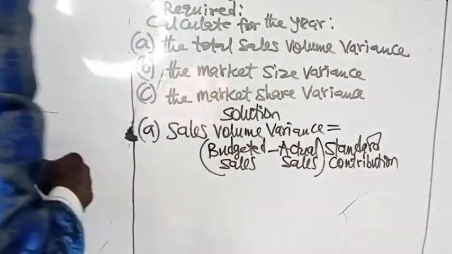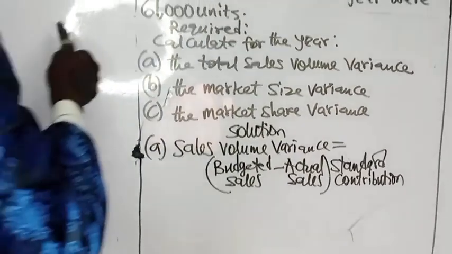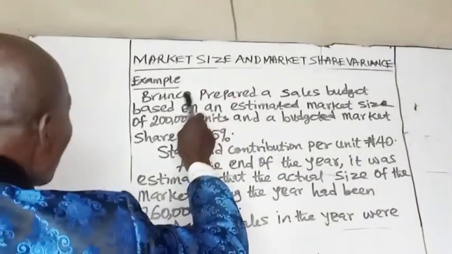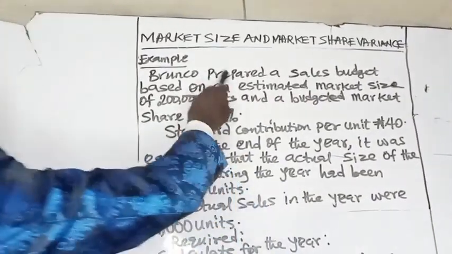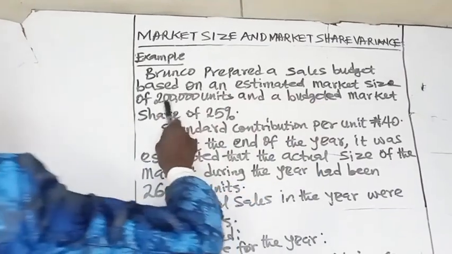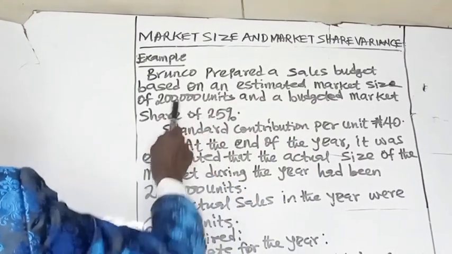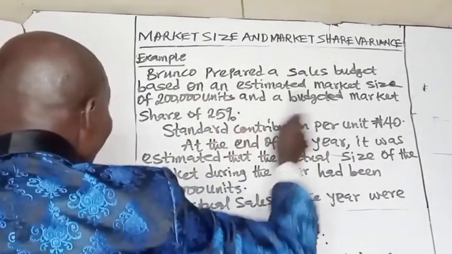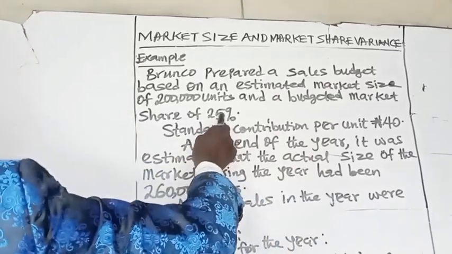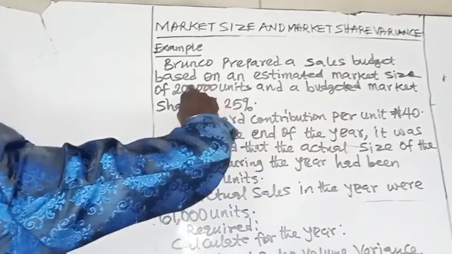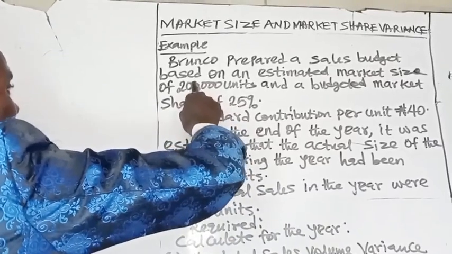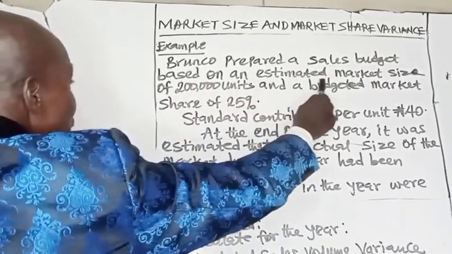So, what is the budgeted sales? Go back to the question. You were told Brunco prepared a sales budget based on an estimated market size of 200,000 units. This is the market size. And the budget market share of 25%. The budget will be 25% of the budgeted market size. Estimate is the same as budget.